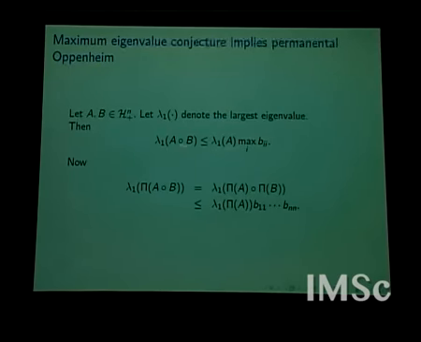This is a simple inequality to prove, and because of that, if you take lambda 1 of pi of A Hadamard product B, then this is pi of A Hadamard product pi of B, and this is going to be less than or equal to, because of this inequality, the largest eigenvalue of pi of A times the diagonal elements of pi B, which are all equal, and they are equal to this product. So I get this inequality, and now if the maximum eigenvalue conjecture is true, then this is the permanent of A Hadamard B, and this is the permanent of A, and that is how you get the permanental Oppenheim.